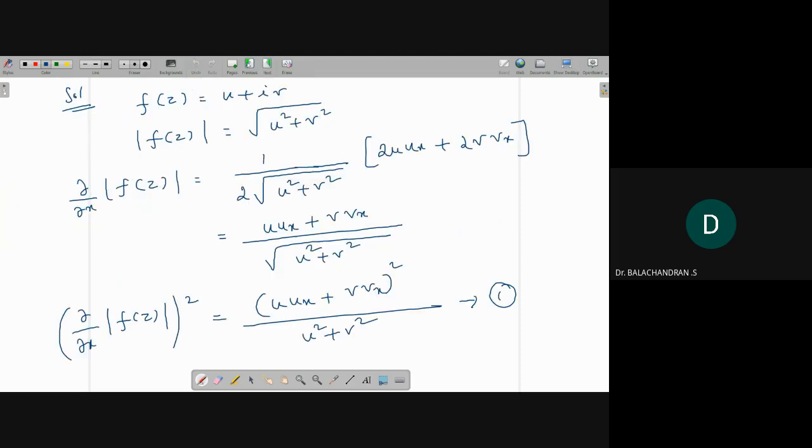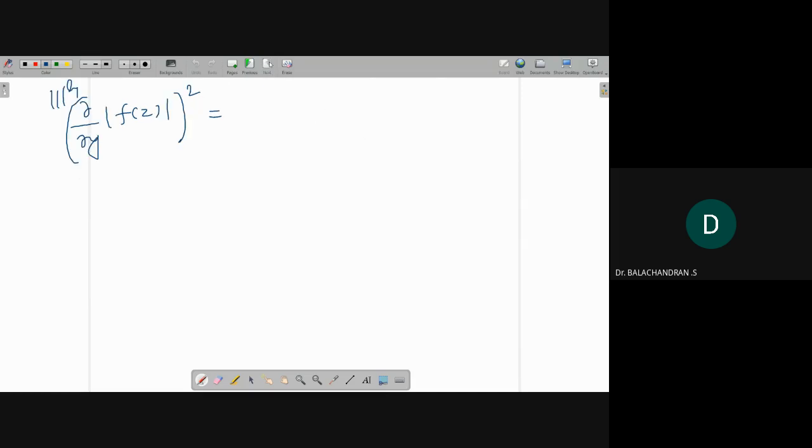It is equal to (u uy plus v vy) whole square divided by u square plus v square. This is 2. Add 1 and 2.